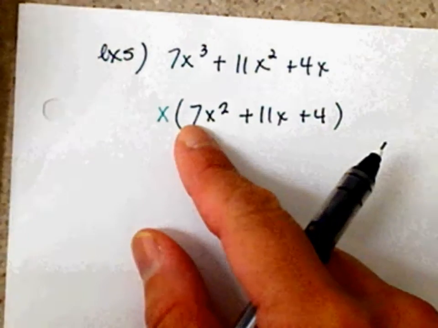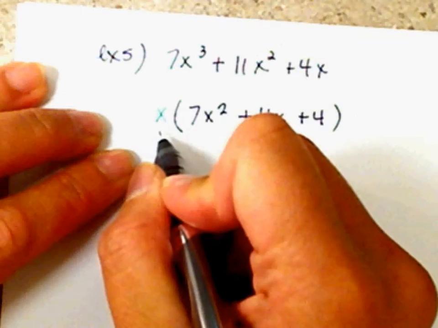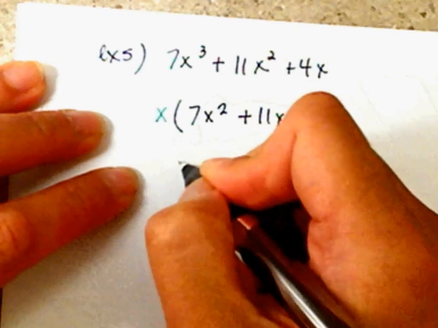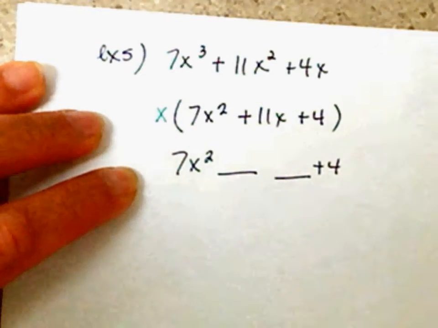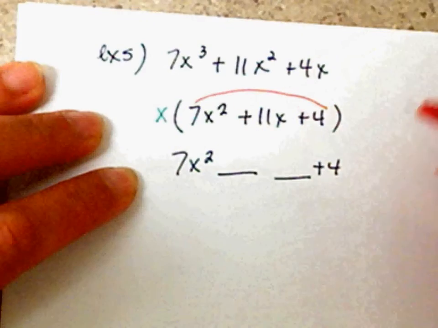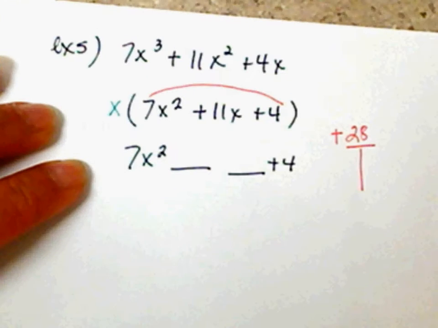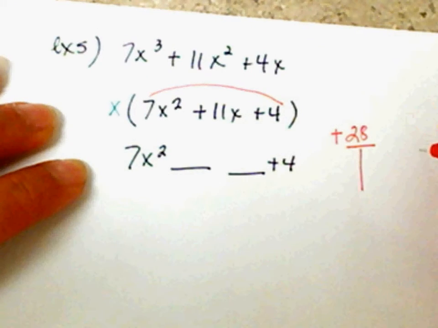So let's take a look. I'm going to set this x aside and deal with it later. So if I want to do grouping, I'm going to write 7x squared, blank, blank, plus 4. Okay? And now I'm going to multiply 7 times 4, which is 28. Positive 28. Well, two numbers multiply to give you 28 and add to give you 11x.